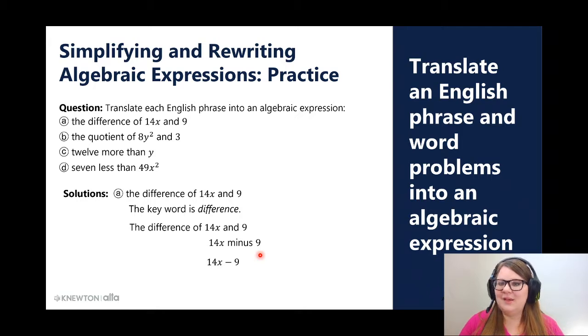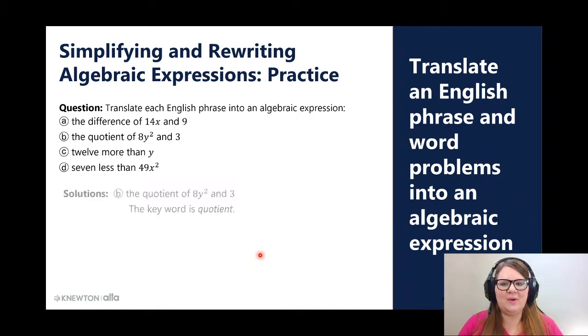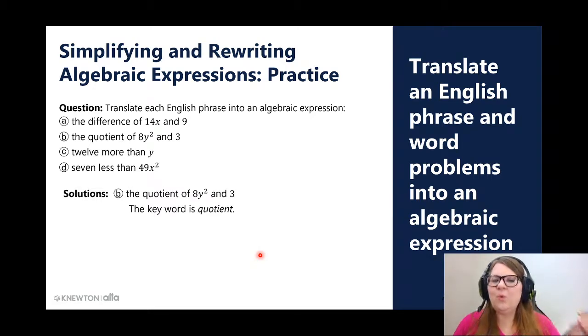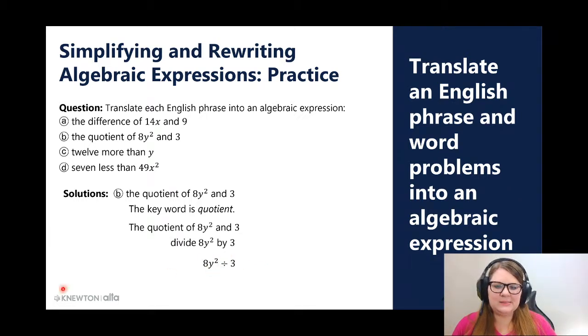The quotient of 8y squared and 3. Quotient means division, and we take the first variable and divide it by the second variable. So I can write it like this, or I can write it as a fraction. Now, I personally like writing it as a fraction, 8y squared over 3.